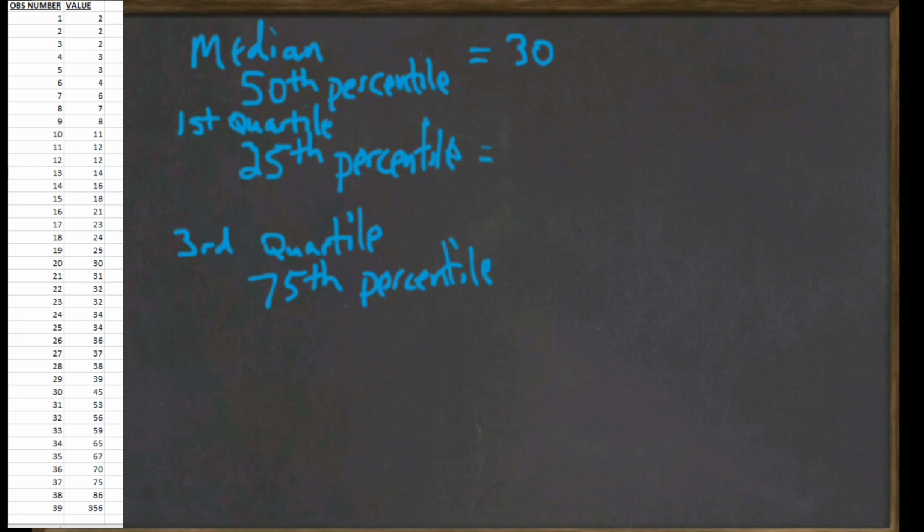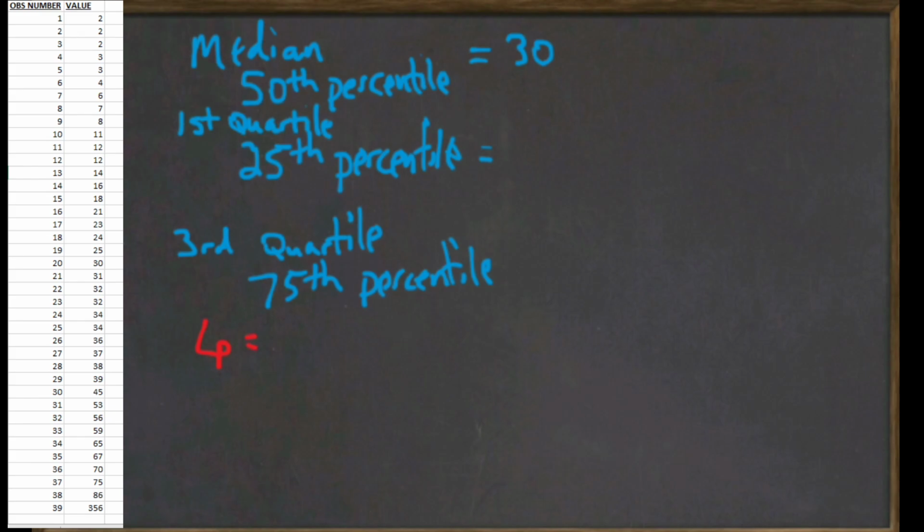Well, it's where only 1/4 of the values, or 25%, are smaller than that value. So again, with 39 values, we can maybe think through this logically and figure out if it's exactly at 10 or where it is. But there's an equation to help us, and that equation is LP, just to say location of percentile.